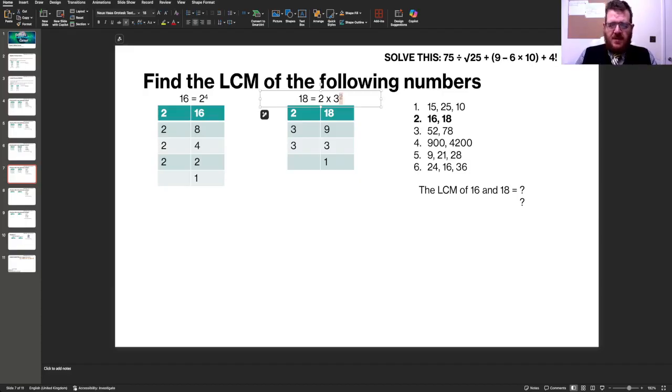Which is interesting because what you do is you look at what we've got prime factors wise and look at what's the highest in each one.